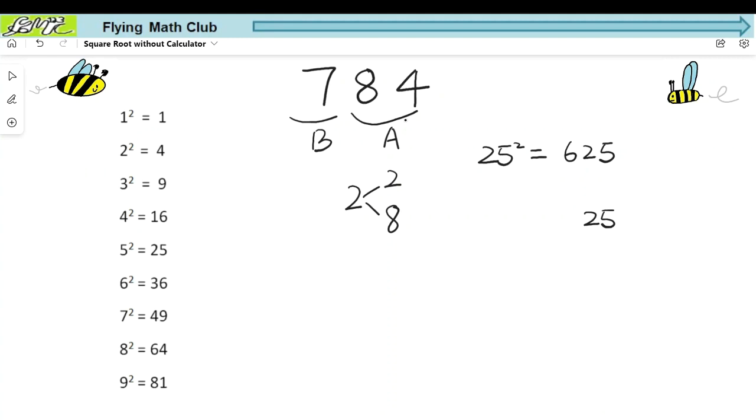Then we pick its tens. In this case, it's 2. 2 times 2 plus 1 equals 6. We put 6 before 25. So we get its value immediately.